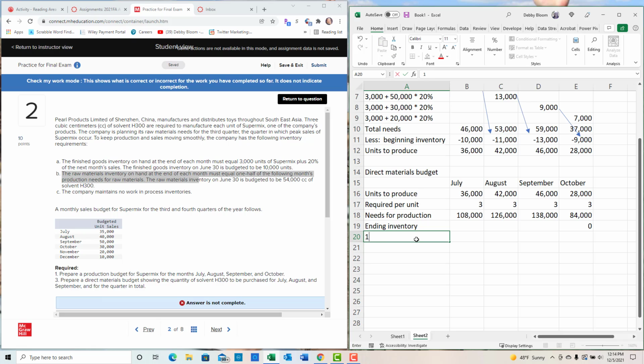For July, it's going to be 126,000 multiplied by 50%. This will make it a little bit easier. For August, we take 138,000 and multiply that by 50%.